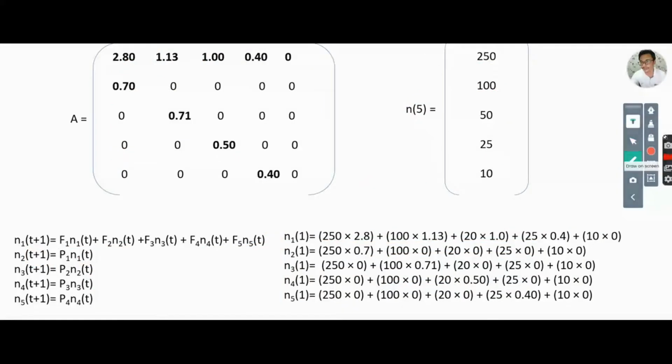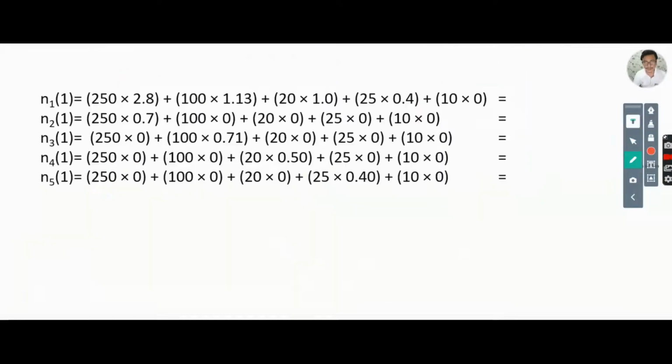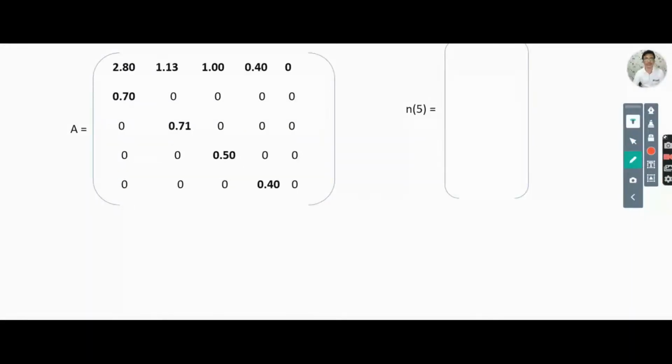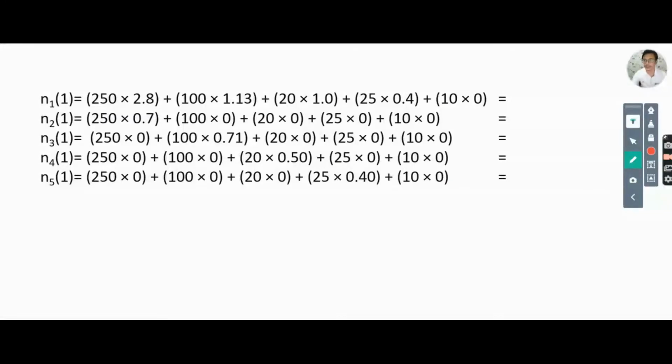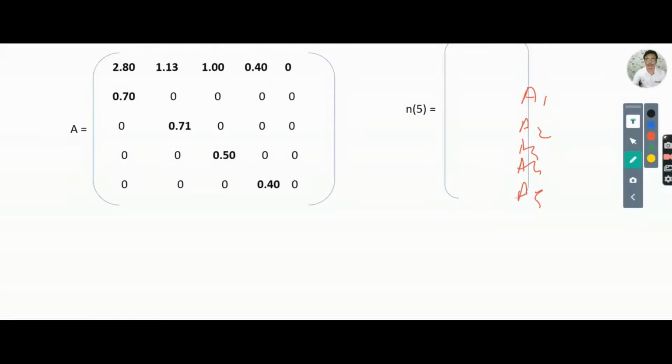Right. So here, whatever you get in that particular component, suppose A1, A2, A3, A4, A5. Suppose you've got 5 values. You can put A1, A2, A3, A4, A5, right? So it is your new vector.